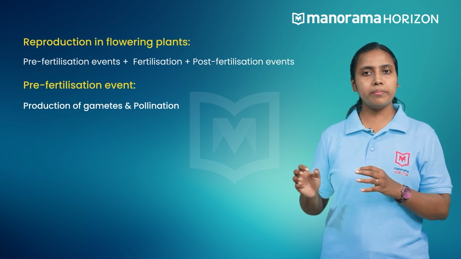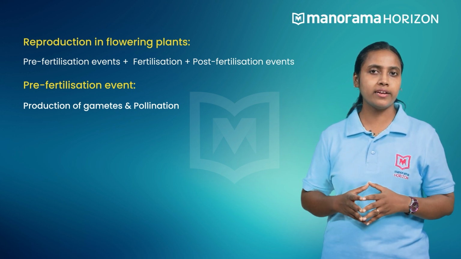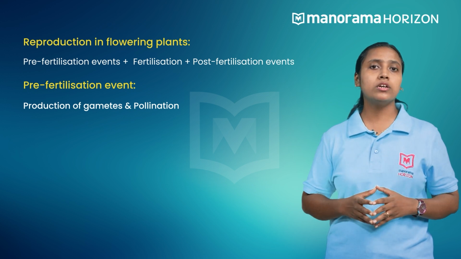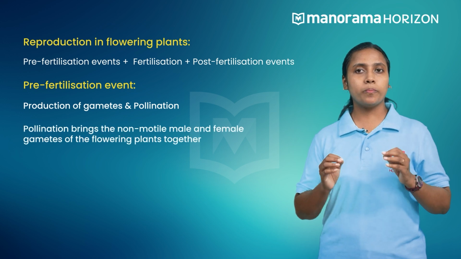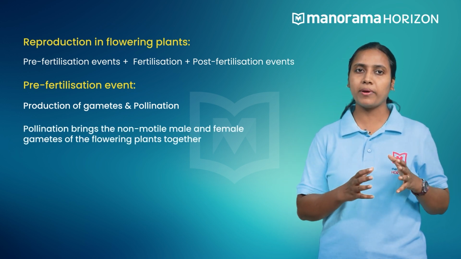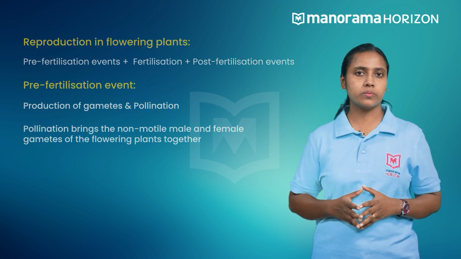The non-motile male and female gametes produced in pollen grain and embryo sac respectively should come in contact with each other to facilitate the process of fertilization. To bring these non-motile male and female gametes of the flowering plants together, the process of pollination occurs.